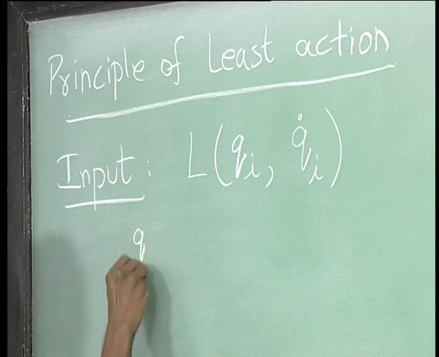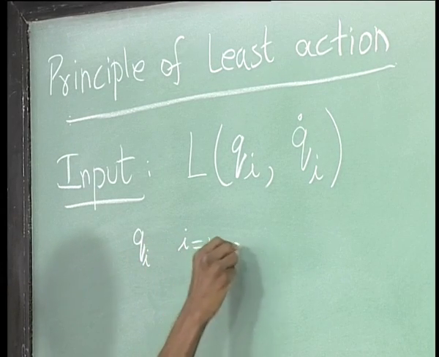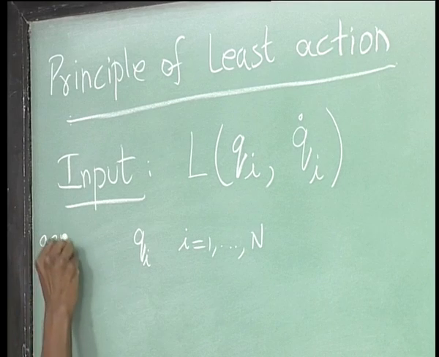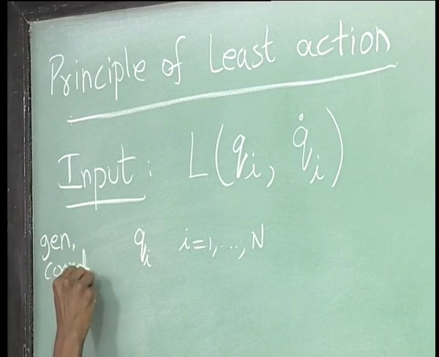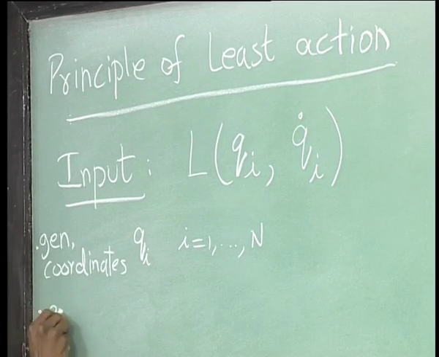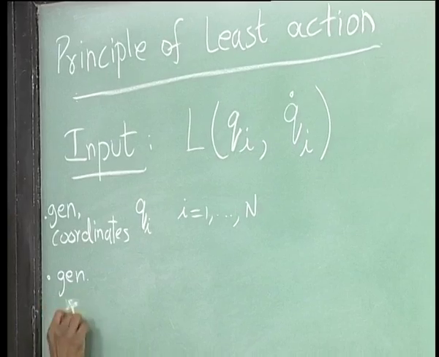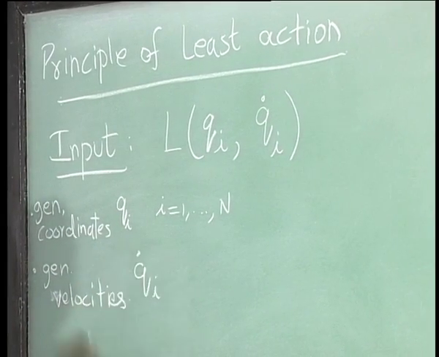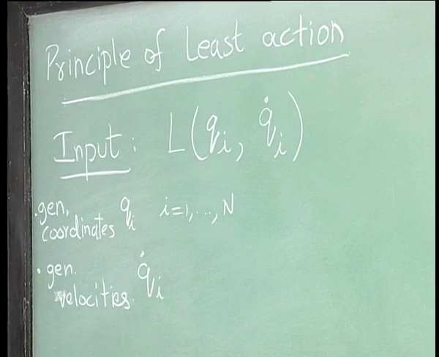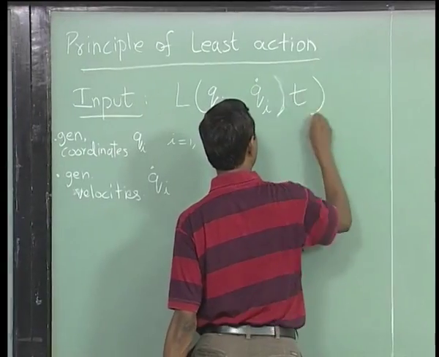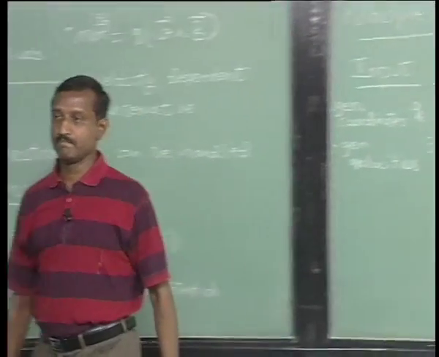So, now q_i here, let us say there are n degrees of freedom in your system, there will be that many generalized coordinates, and as many generalized velocities. And in principle this could also have an explicit dependence on time.